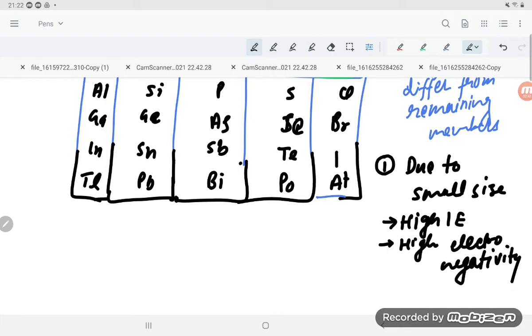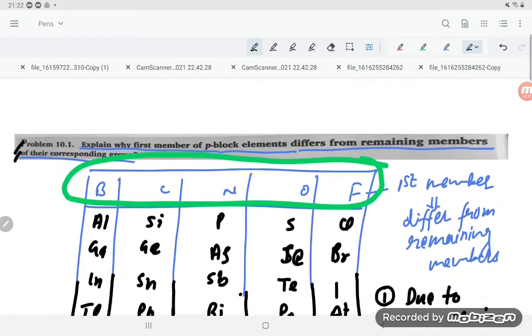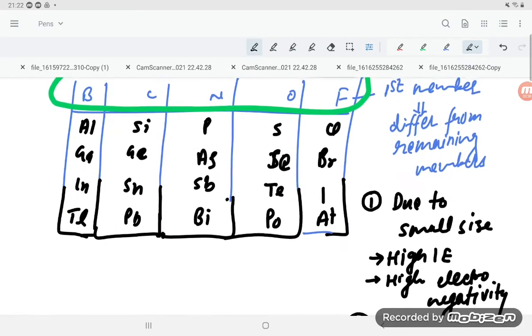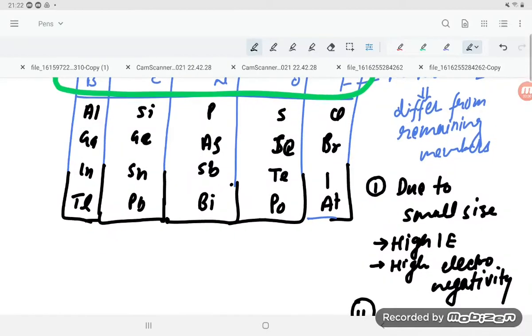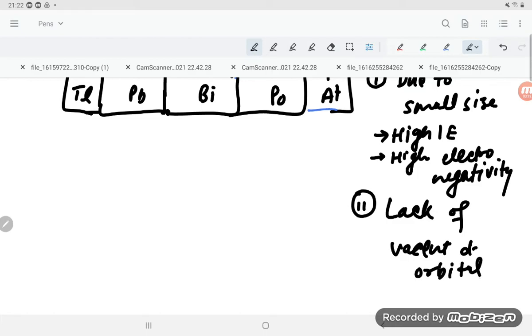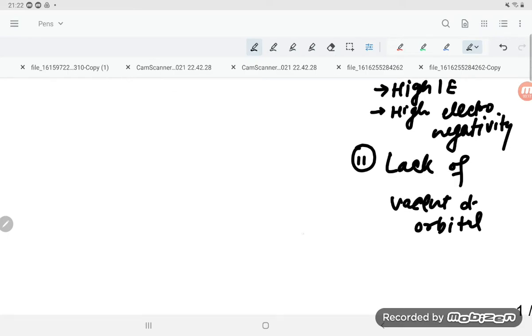Now the second point, dear student, is lack of vacant d orbital. Whatever the elements are in the second period, d orbitals start from the third period, so they don't have vacant d orbitals.